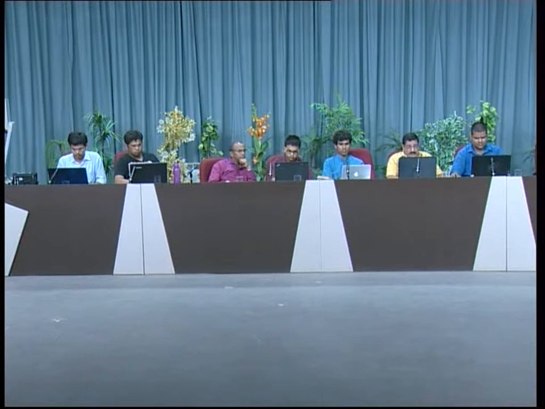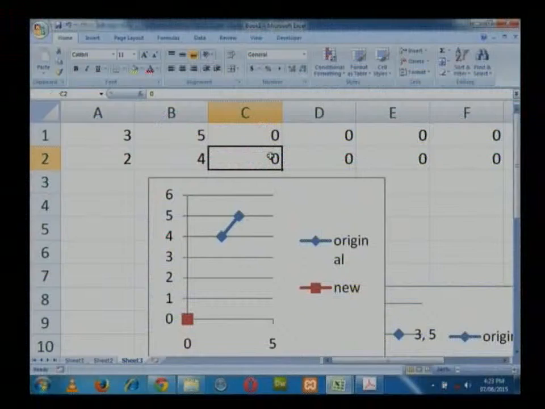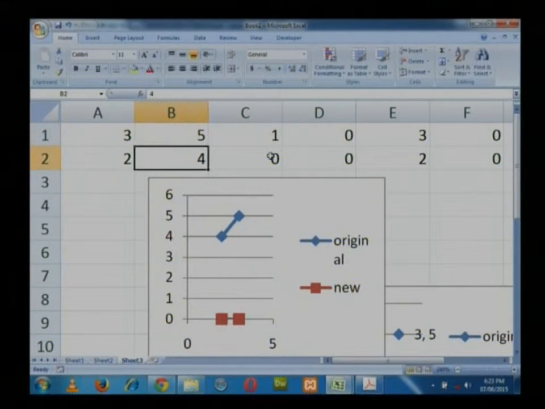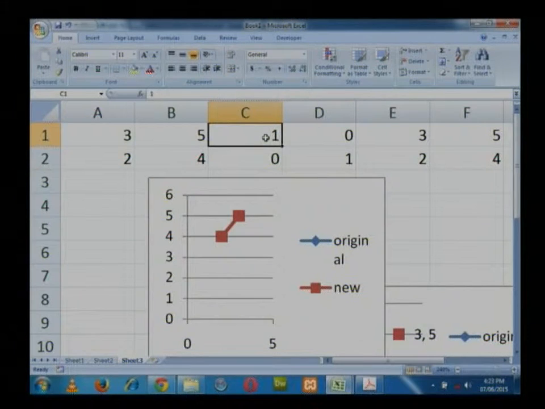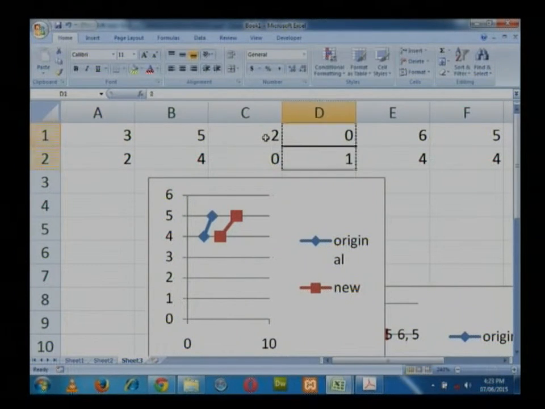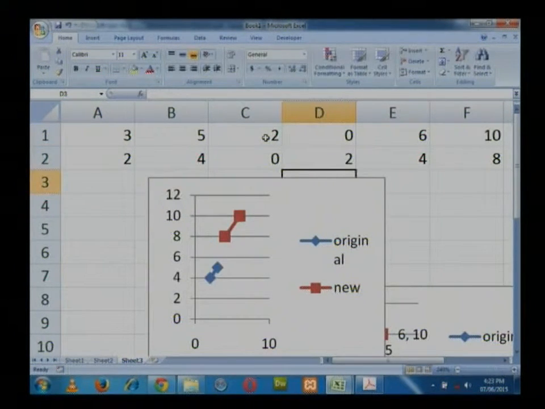So with 0 by 0 vectors all points are close to the origin, is it not? And if you want to keep this intact, then just multiply with the identity matrix, that is all. This will overlap. If you want to increase its size, 2 by 2, you see the size has become 4 times, not doubled. 2 into 2, 4 times.